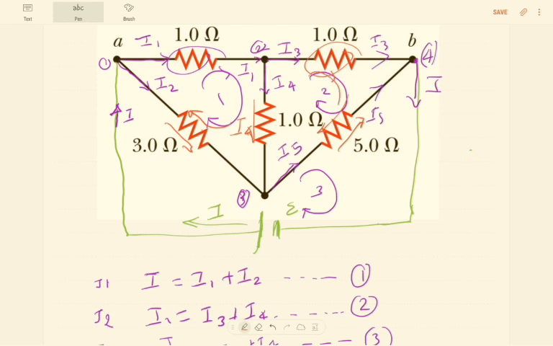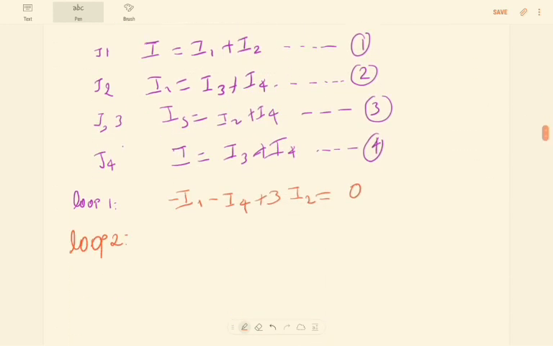When you come to I4, the direction of the loop and the direction of the I4 current are opposite, so you also have a positive potential drop. So we get minus I3 plus 5 I5 plus I4, and this should give us 0. These are basic equations. Now we have found our fifth equation and sixth equation.